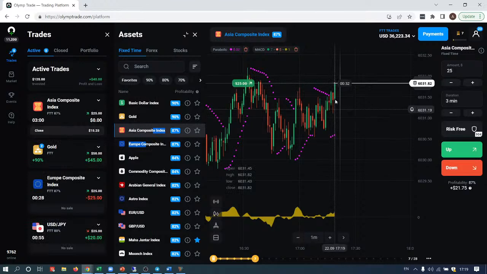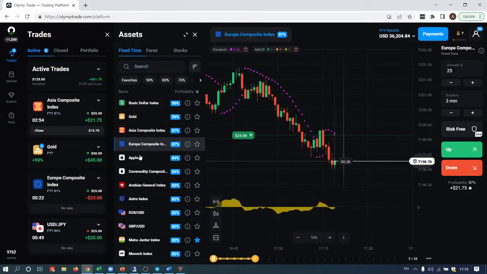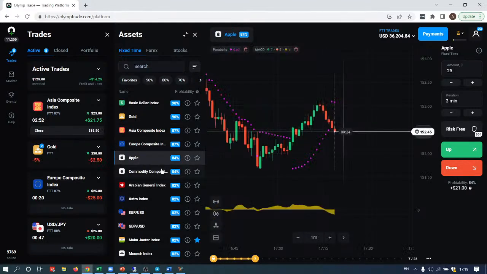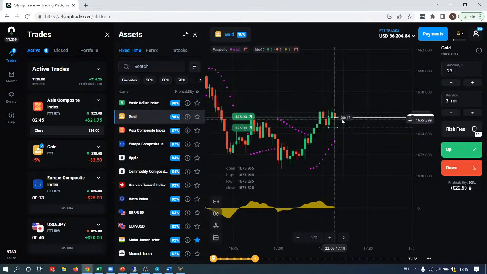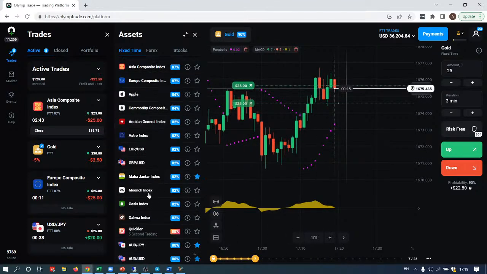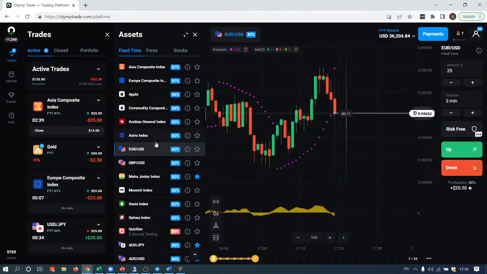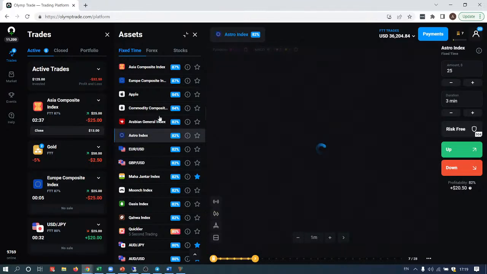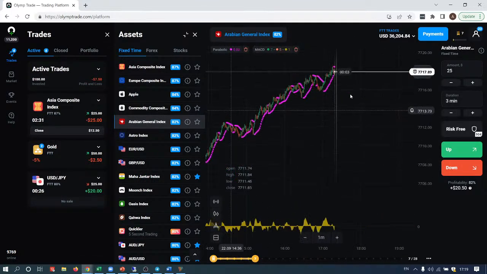So yeah, let's try another trade on Asia Composite Index. Basically I have two categories of trades today. Some of these trades I open on currency pairs, and some of them I opened with different composite indexes. And it will be very interesting to compare the efficiency.